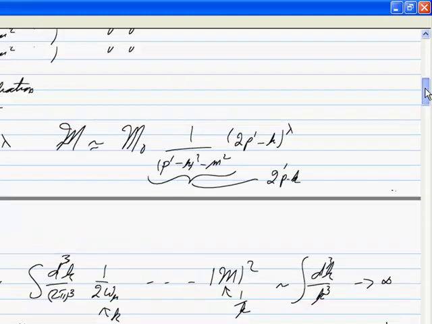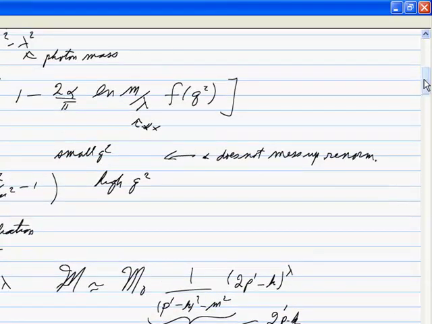And now we notice the fact that up above there, this fortunately came with a minus sign. It was getting smaller as lambda goes towards 0. So it's not getting bigger.